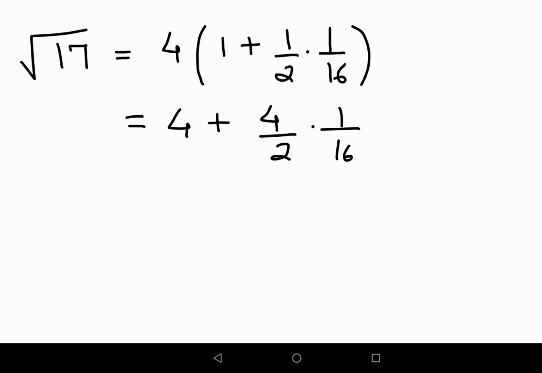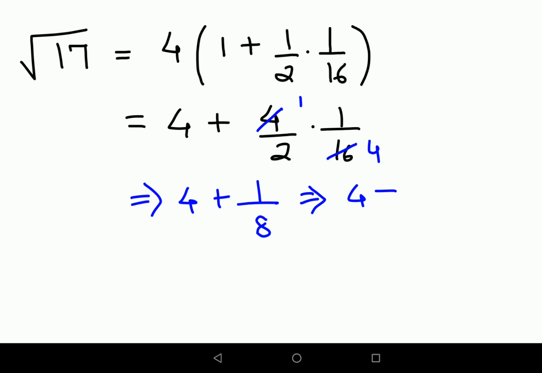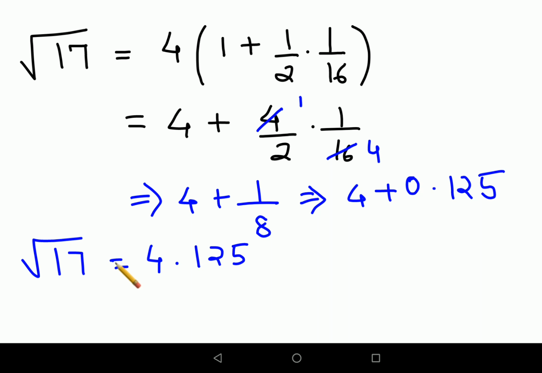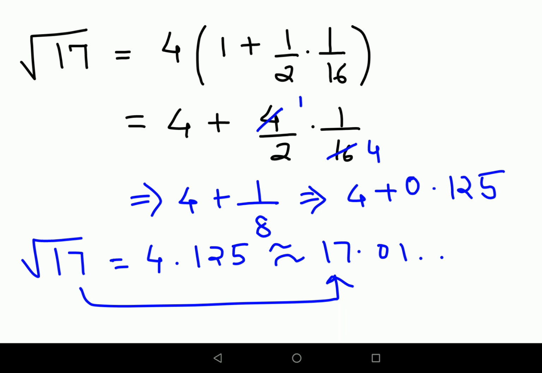Things are getting cancelled: 4 and 16 give 4, so your answer is 4 plus 1 upon 2 into 1 upon 4, which is 1 upon 8. So this is 4 plus 1 upon 8, which is 0.125. So root 17 is 4 plus 0.125, which is 4.125, very close to the actual value of 4.12 something. It's pretty much very close to the answer.